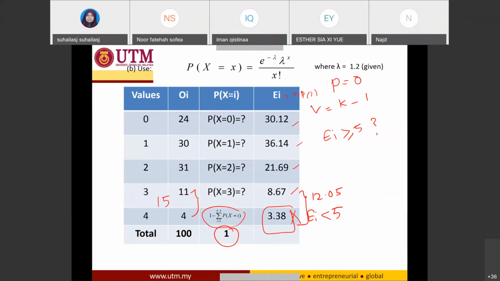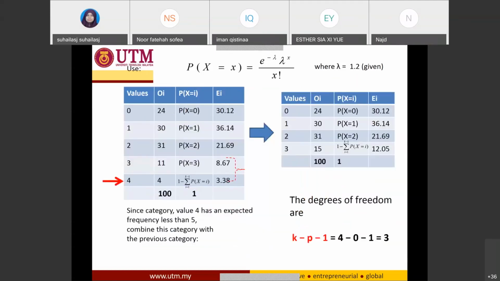So again, we combine this one. You have 15. Combine your expected frequency, you have this one. Now since we already combined the categories, instead of 5 categories, now we only have 4. K is equal to 4. Now the degree of freedom, K minus 1, so 4 minus 1.